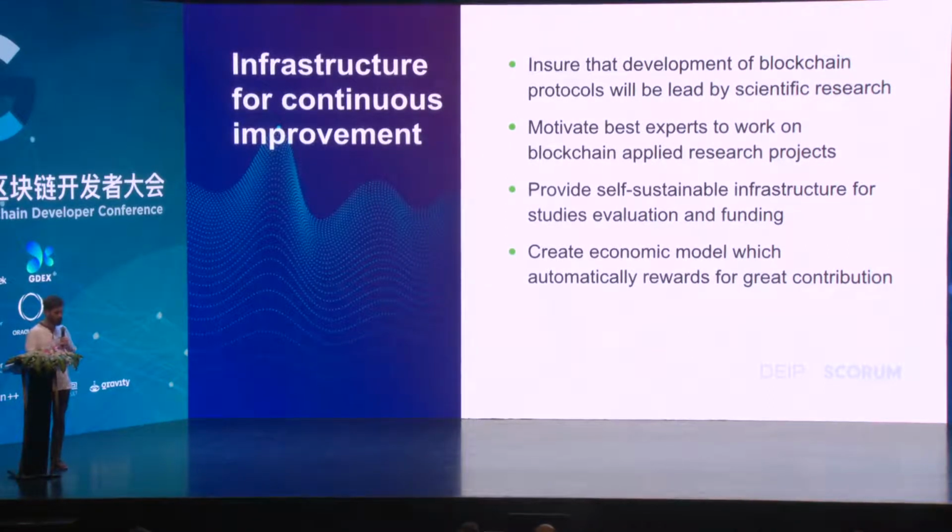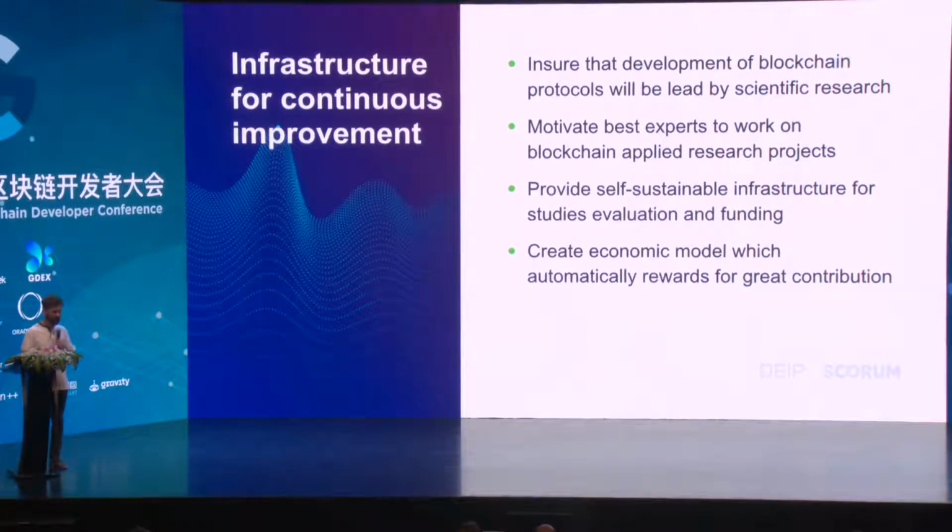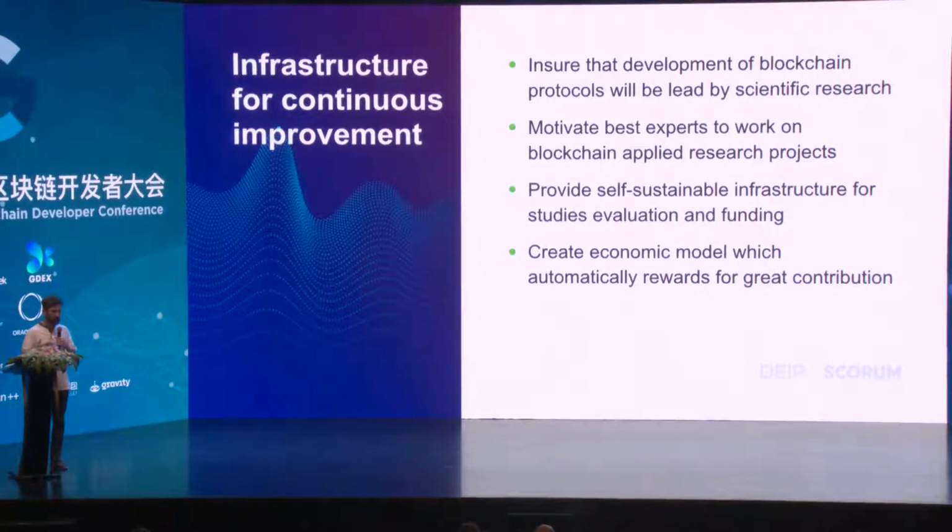BitShares already showed that even a simple worker proposal really works, and it has proved that blockchain can fund a real-world team of developers. But this decentralized system should provide open access to every research which is done there.